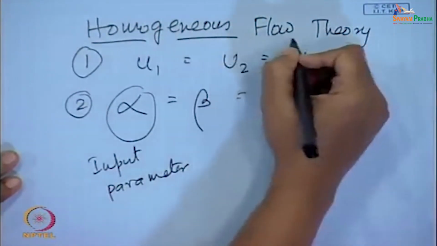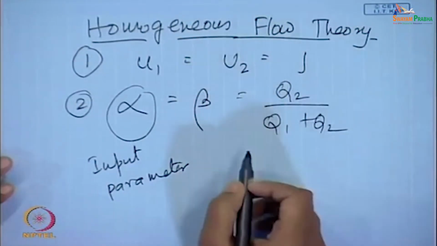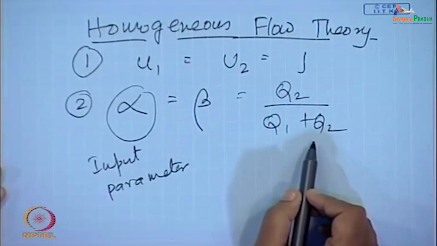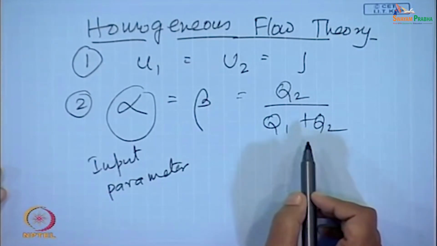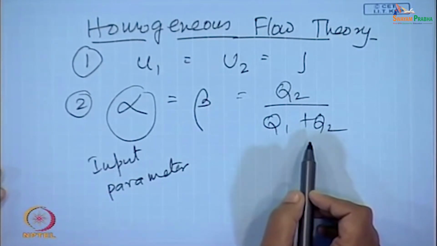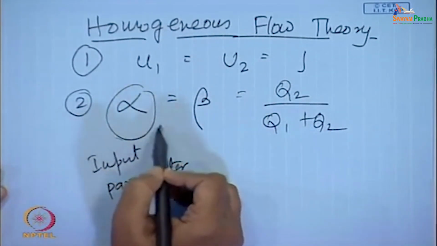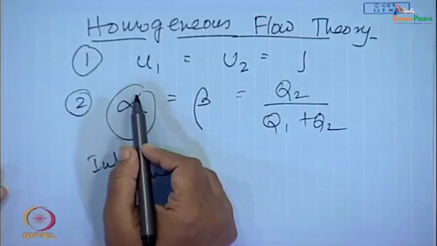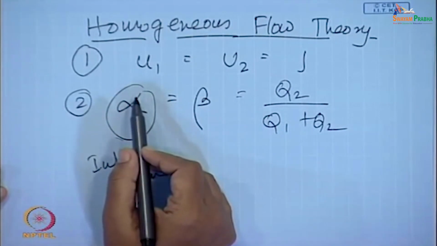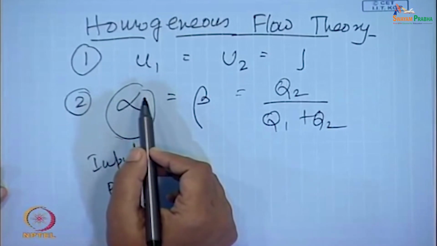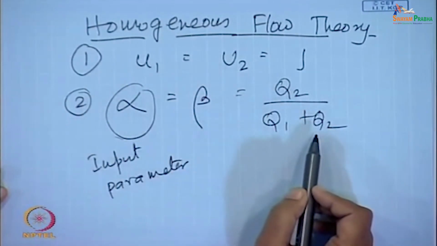You see that we have come to a very drastic simplification in this particular case, and what has this given us? This has given us that the inlet void fraction and the in situ void fraction have become equal, or in other words the void fraction or the in situ composition is nothing but a measurable parameter.